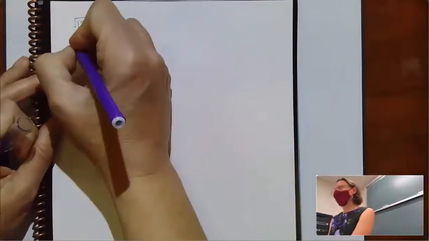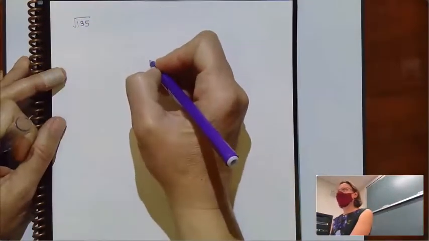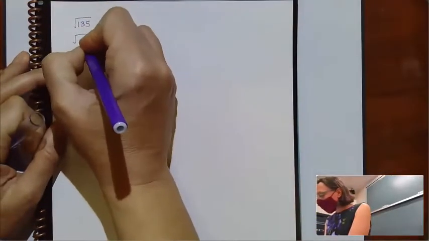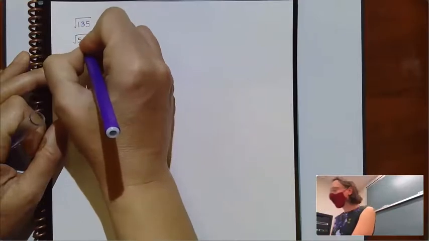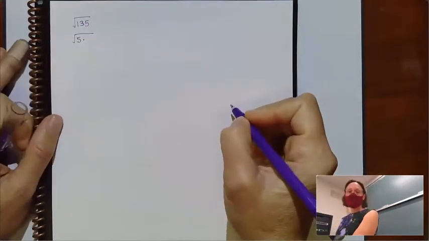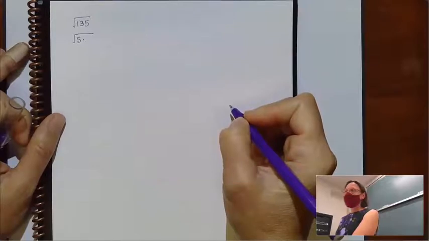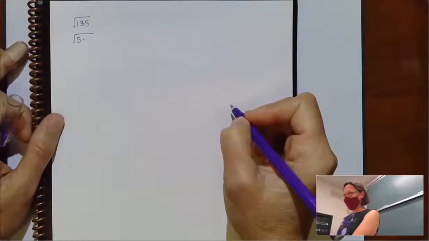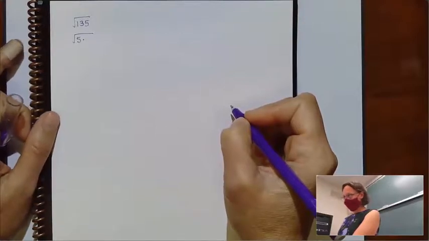I don't know what this is divisible by, except that I'm positive it's divisible by 5 because it ends in a 5 or a 0. So if I don't know what else to do, I can start with prime factorization. This is 5 times something, so what's the something?